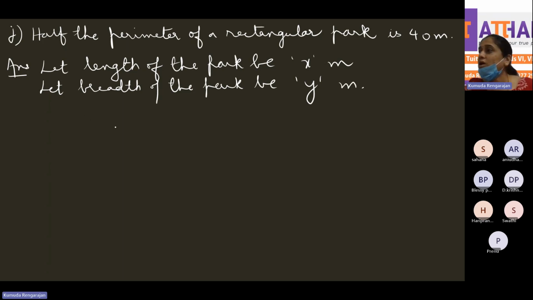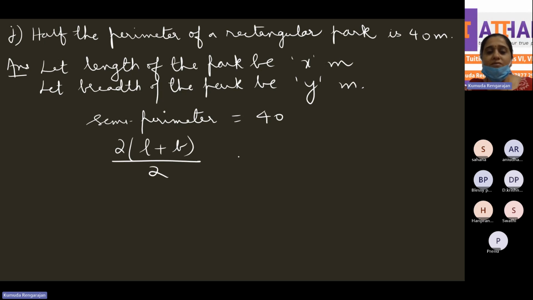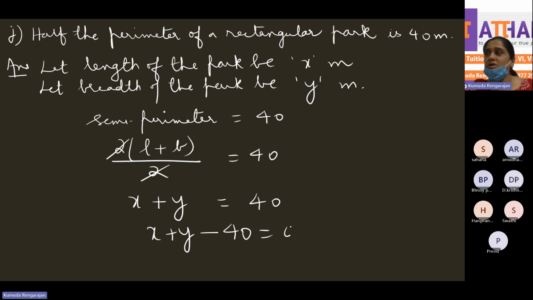So half the perimeter or semi-perimeter is 40. That means 2 into L plus B by 2 is equal to 40. 2 and 2 get cancelled. And we know length is X and breadth is Y, so X plus Y is equal to 40. Transpose. So X plus Y minus 40 is equal to 0 is the required equation.